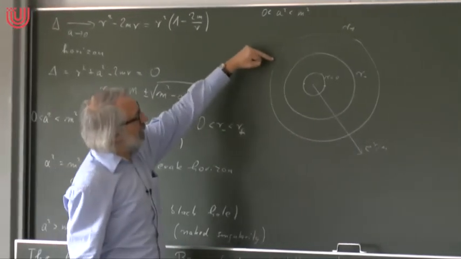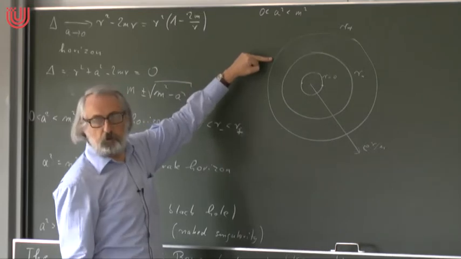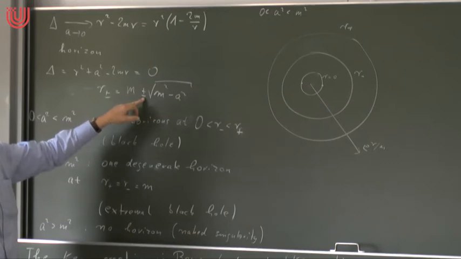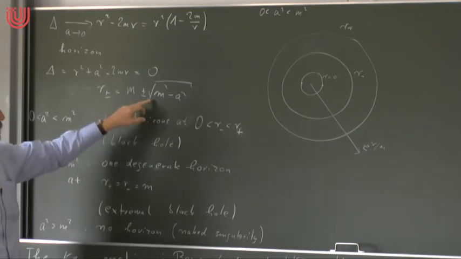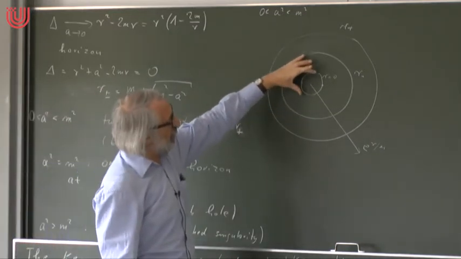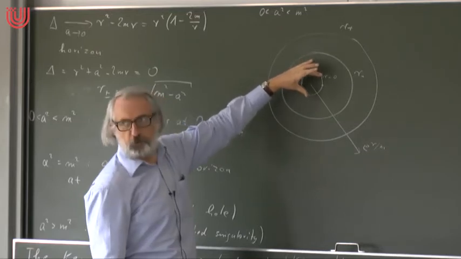So r plus then plays the role of our Schwarzschild horizon, which we are used to. And what happens to r minus? r minus goes to 0 if a goes to 0. If I take m minus m here, this is 0. So r minus approaches r equals 0 in the Schwarzschild limit, but in the Schwarzschild limit, r equals 0 is a point.